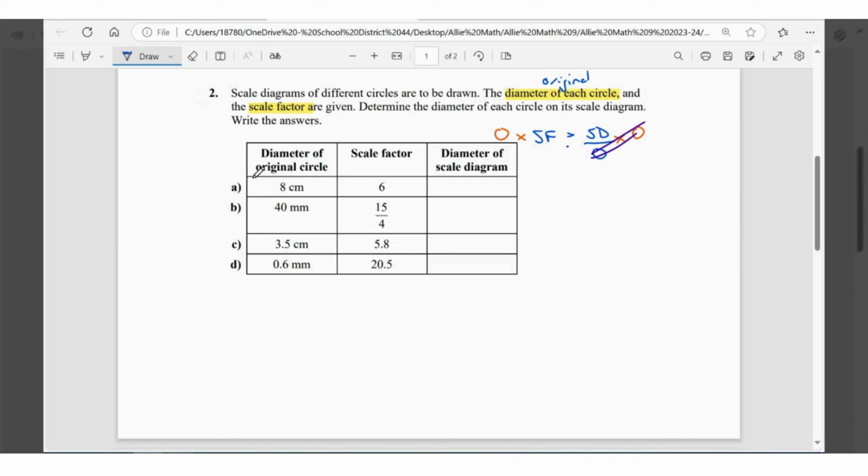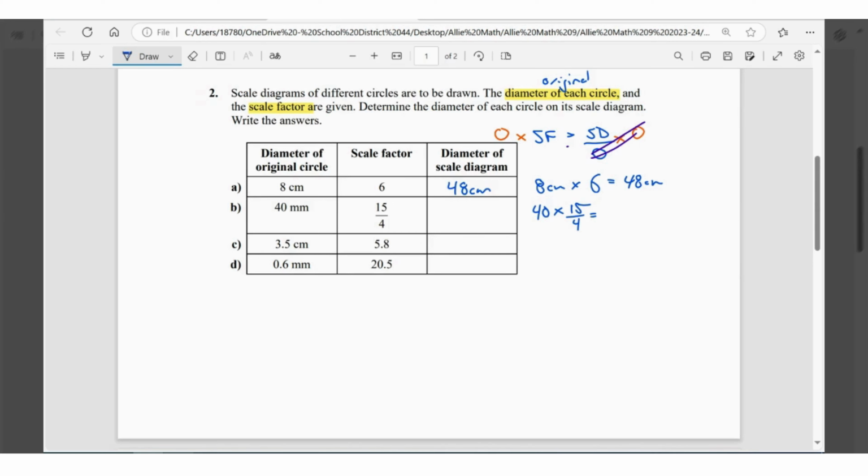So the diameter of the original, for our first one, we got 8 centimeters, times the scale factor, times 6, is going to give us the diameter of the scale diagram, which is going to be 48 centimeters. And we do use units here because it's asking for a diameter. This is a length. Our next one, we're going to do the same. We're going to do the original 40 times our scale factor, 15 over 4.